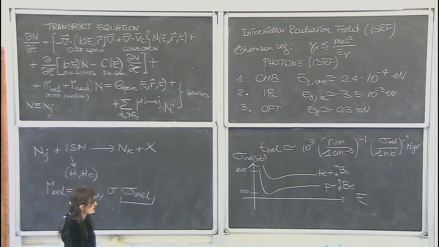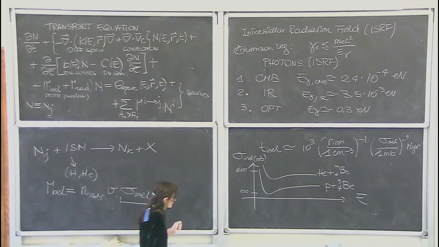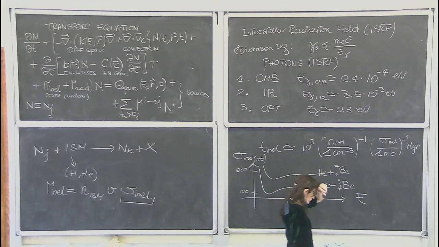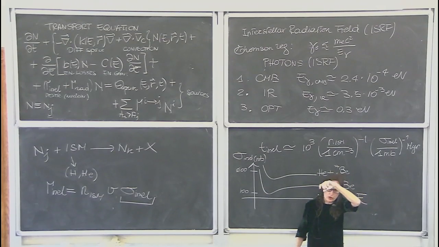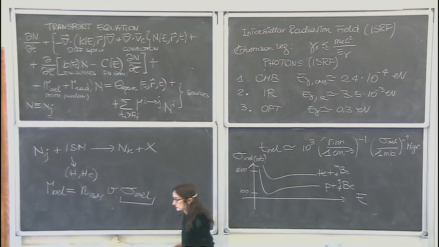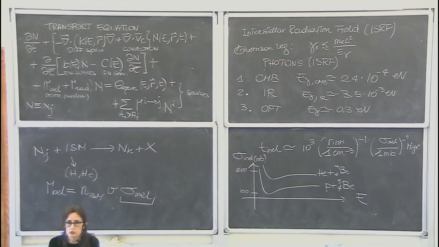The point is the following that I would like to make clear to you. So imagine that we want to use this transport equation and compute whatever nucleus or isotope that you are interested in. Proton is easy, but maybe you want to know the carbon-12 or whatever. You must be aware that there is a cascade of nuclei that must be included in a full computation.